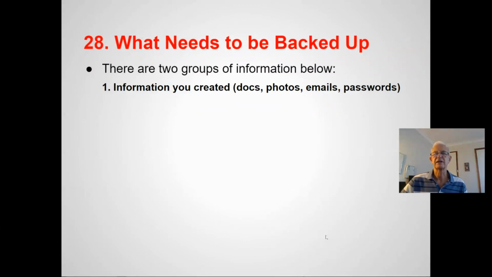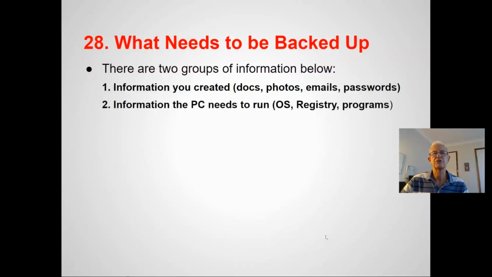That's everything from pictures to emails to documents, Word documents, spreadsheets, and even your passwords. So they're all the things you've created. That's one group. And the second group is all the information on the machine which is necessary for the machine to run properly. That comes down to the operating system, the registry, and all the installed programs.